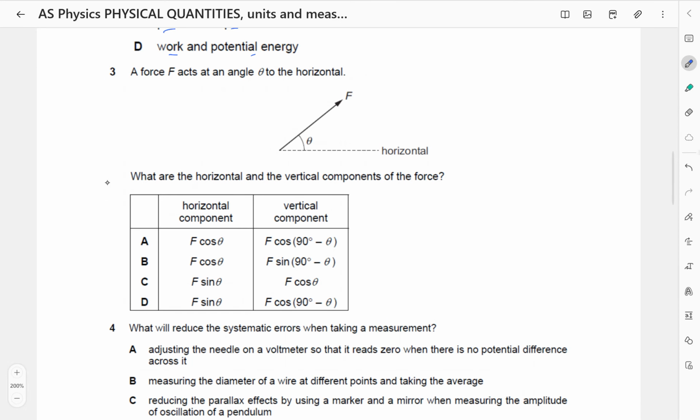A force F acts at an angle theta to the horizontal. What are the horizontal and vertical components of the force?